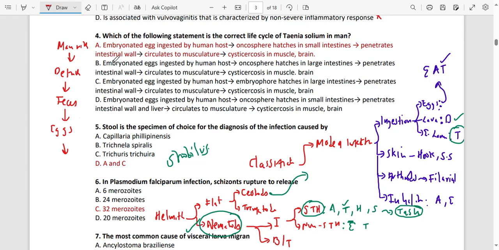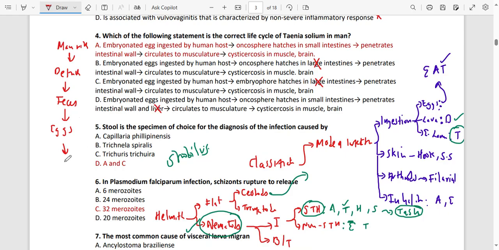If you look at the other option B, embryonated eggs ingested by human host and the oncosphere hatches in the large intestines, penetrates the intestinal wall, circulates. Actually, it's not supposed to be large intestine. So where you see large intestine, that's out. And then this one says embryonated eggs ingested by human host, oncosphere hatches in small intestine, penetrates intestine, and they don't penetrate the liver.